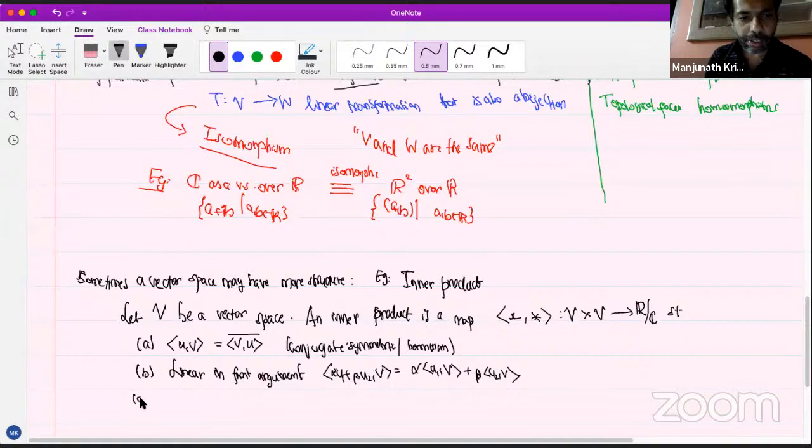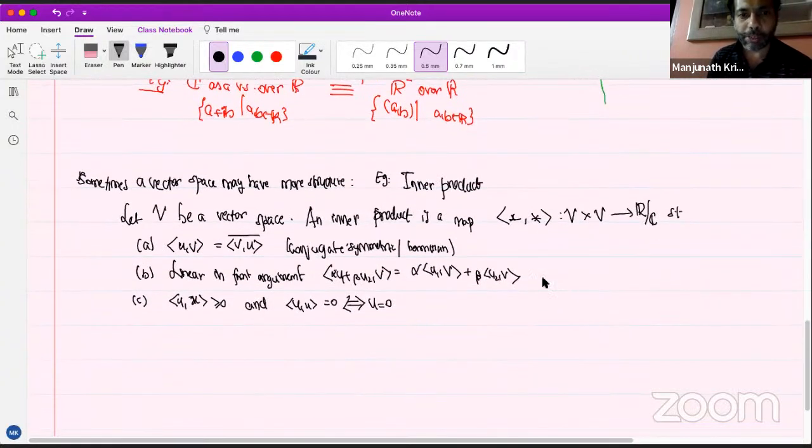And third is that if you take the inner product of any vector with itself, you should get a non-negative number, and it should be strictly positive unless u is 0. It is 0 only if u is 0, otherwise it can't be 0. So this is called positive definiteness.